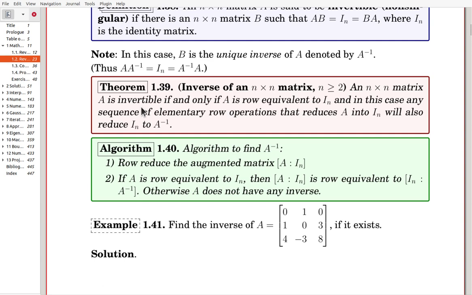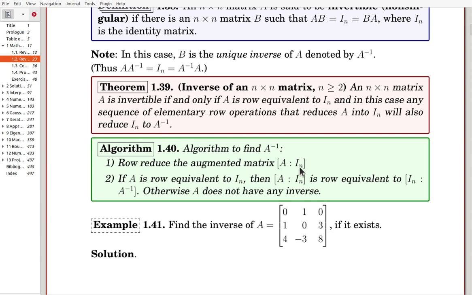Once it's invertible, you can apply elementary row operations to make it identity. Once it becomes identity, then it is invertible also. In this case, any sequence of elementary row operations that reduces A into In will also reduce the identity to A inverse, so that we can consider this algorithm.